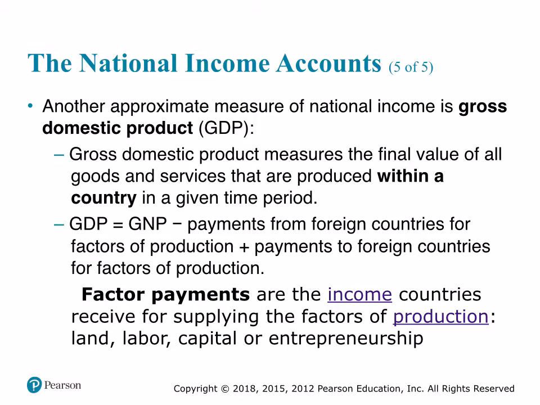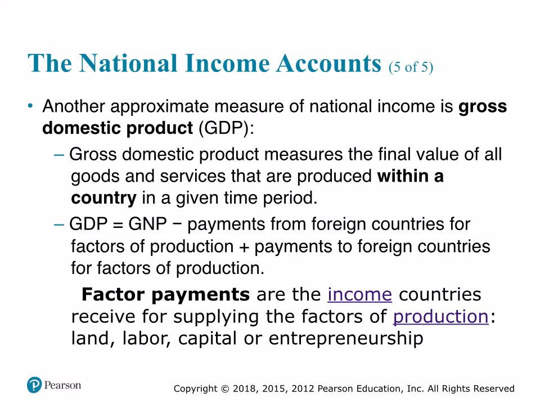GDP measures the final value of all goods and services that are produced within a country in a given period of time. So when you find a GDP, you need to use the formula of GNP minus payments from foreign countries for factors of production plus payments to foreign countries for factors of production. But what are these payments for factors of production? We also call them factor payments.